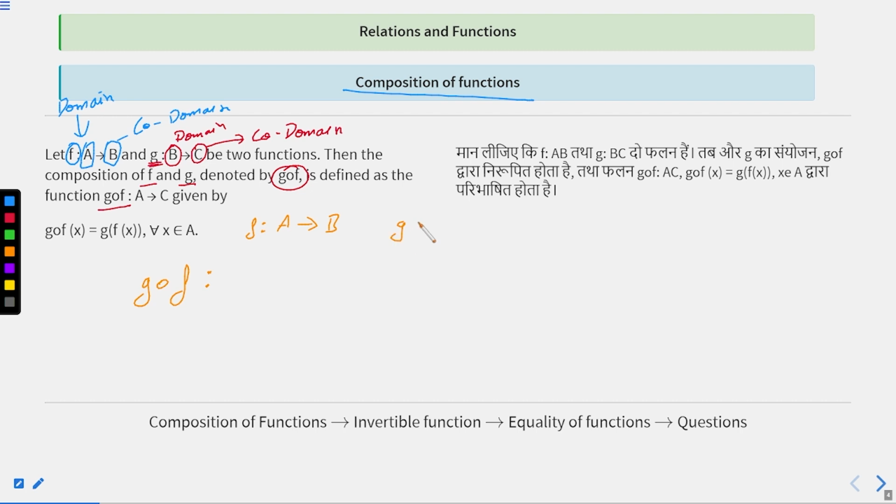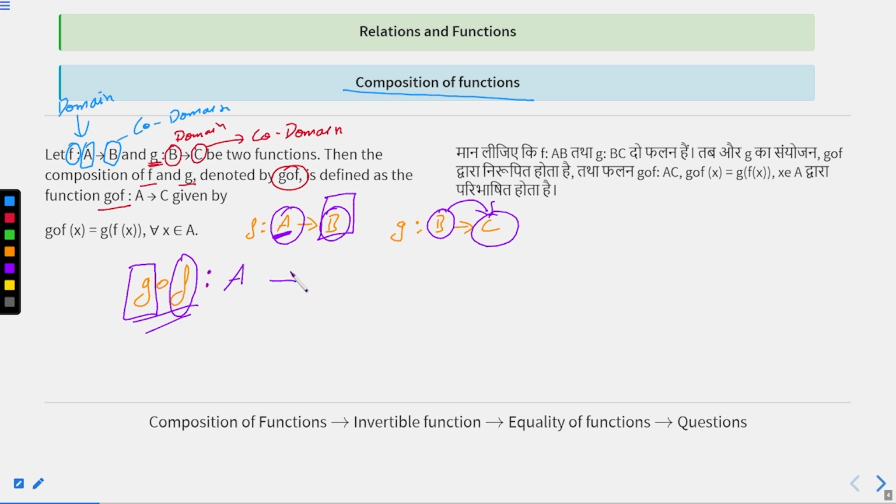A to B, and g is going from B to C. As you can see, f is there at the right side, so first f operates on A and then leaves it to B. Now g starts from B, where f ends at B, and then leaves it to C. So as you can see, we started from A and ended with C. So that's why we write over here that g of f, this composition function, will start from A and end with C. I hope that it is clear why it starts from A and ends with C.